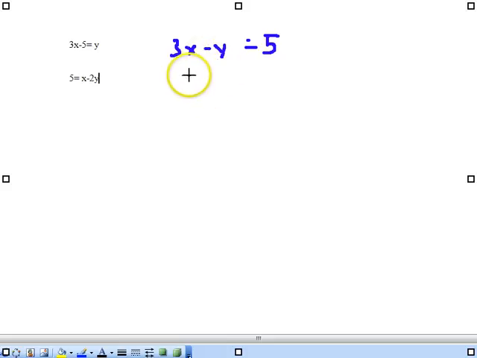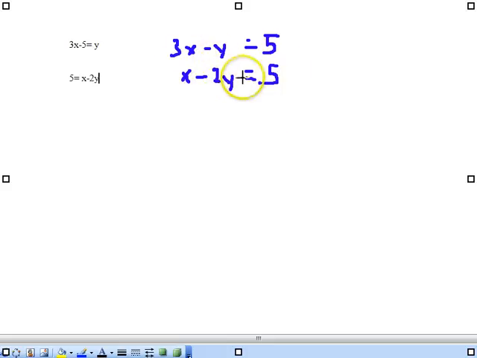And then the other one is already the right way, so x minus 2y, we just need to write it the right way, equals 5. And really, it doesn't matter, but this is the way you are used to seeing it, so I wanted you to see it this way.